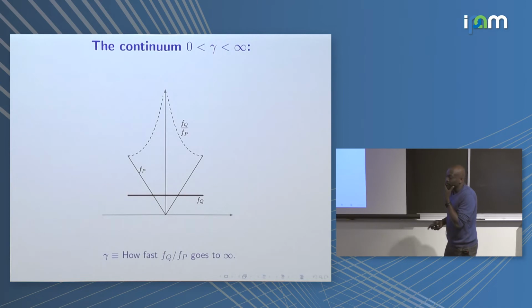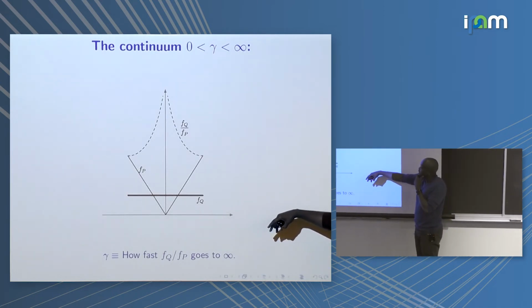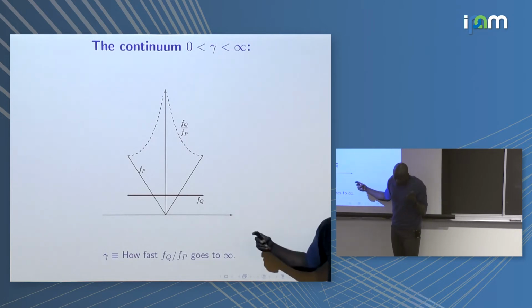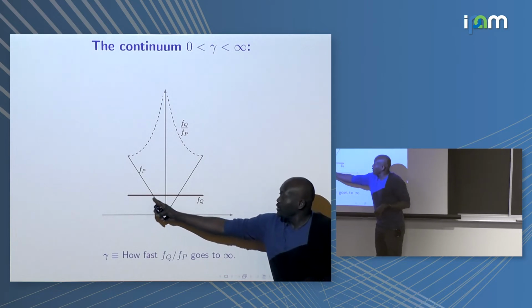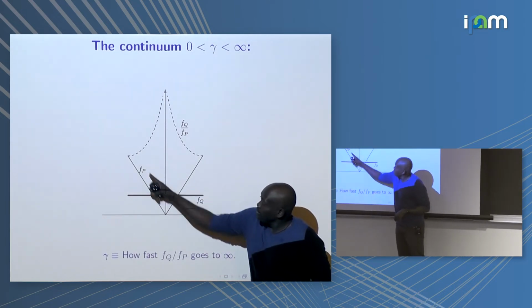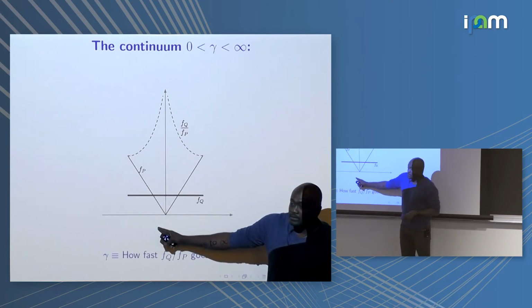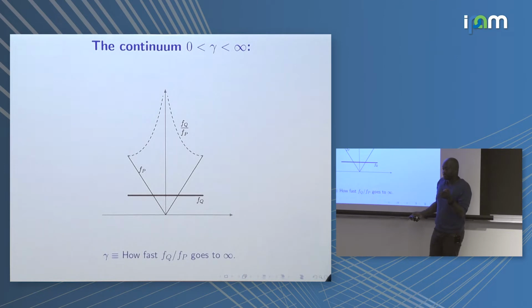Here is another example. This one shows that gamma, in some sense, is a measure of how close to singular Q is with respect to P. So in this example, Q is sort of uniform here. And P has a density that is going down to 0, and the rate at which it's going down to 0 is captured by gamma.